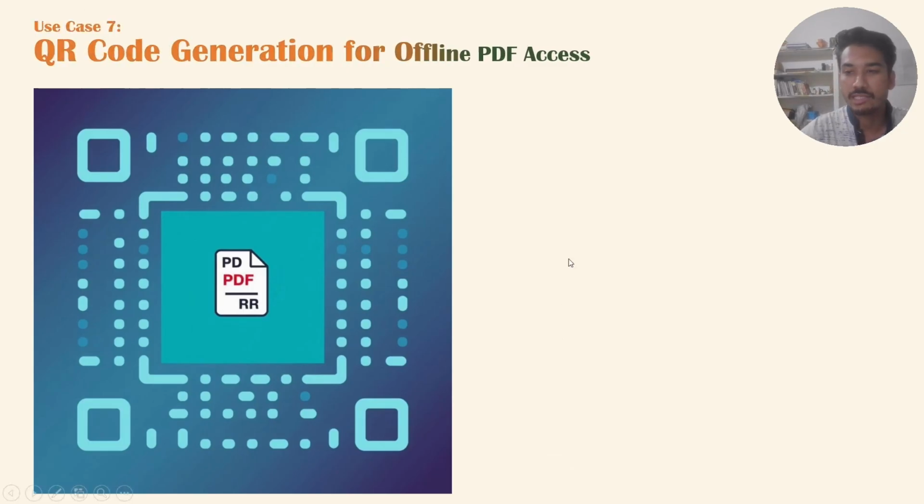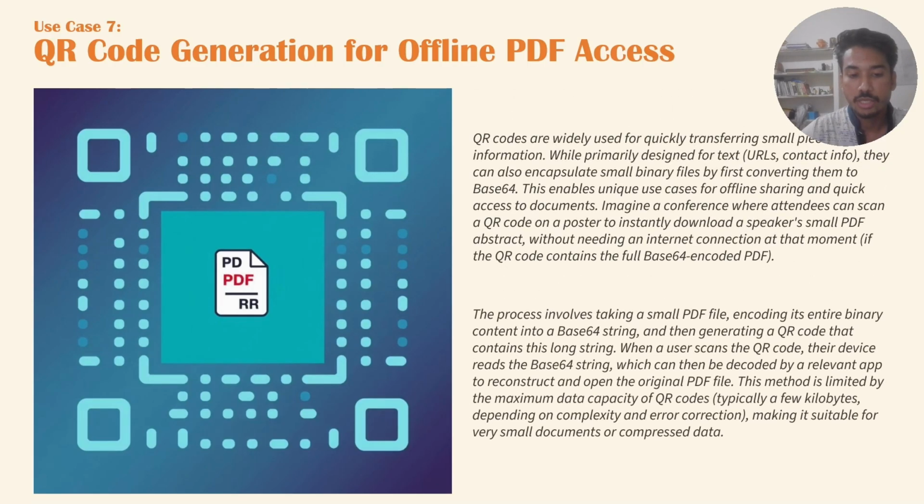Normally QR codes hold text like a URL or contact info, but with Base64 we can encode an entire small PDF into a string that can be embedded directly into the QR code. Picture this: you are at a conference and there is a poster with a QR code. You scan it and boom, your phone instantly reconstructs a speaker's abstract handout, even if you are offline.